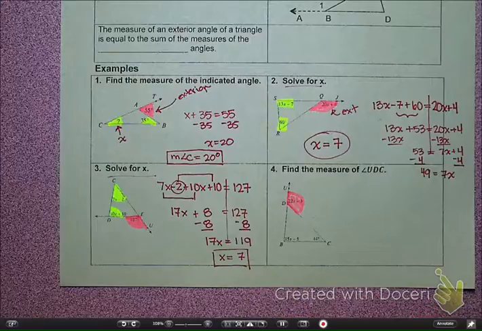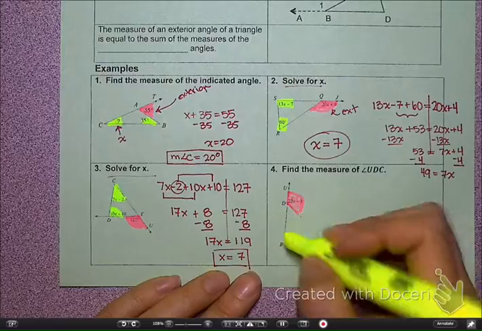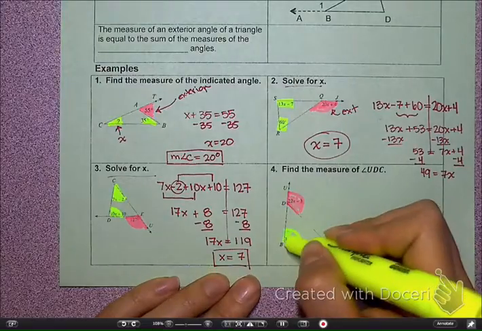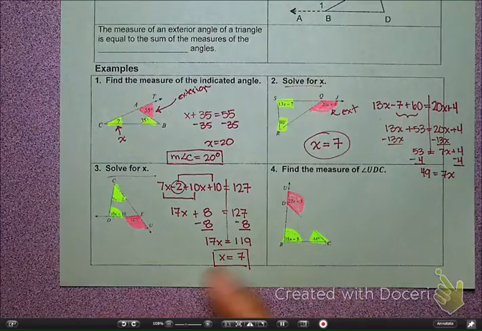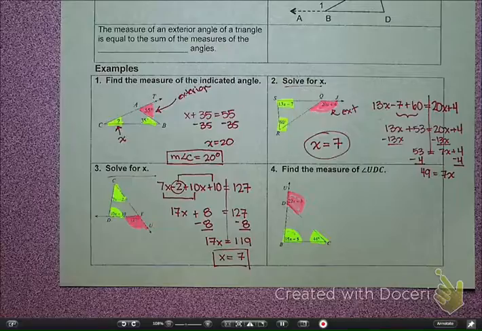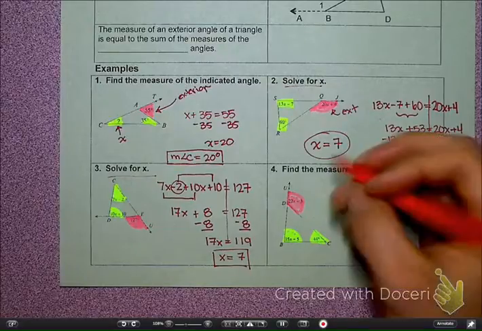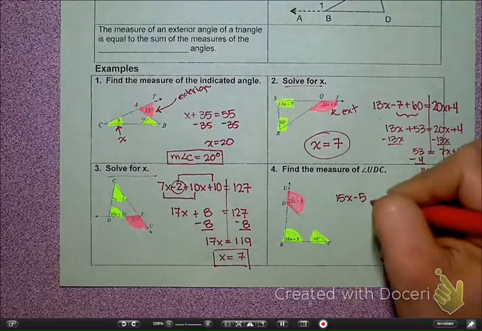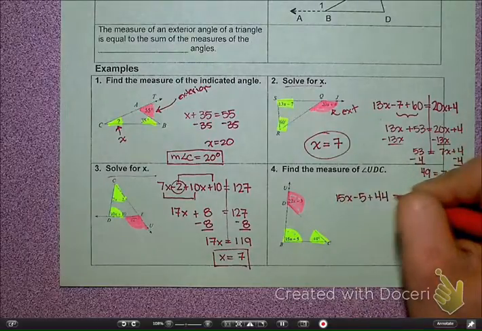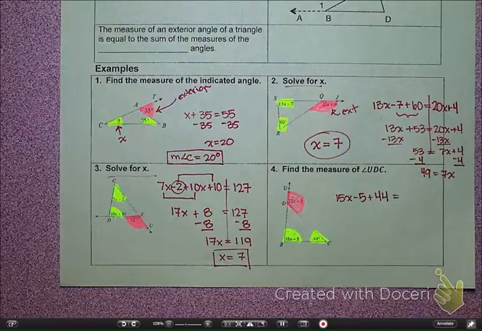Okay, now we can't use D for our remote interior angles because they can't share the same vertex. So what are they? Angle B right here and angle C right here. Okay, so now let's add together which ones? Plus 44, right, is equal to the exterior.